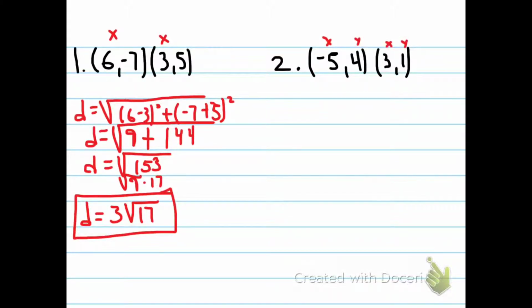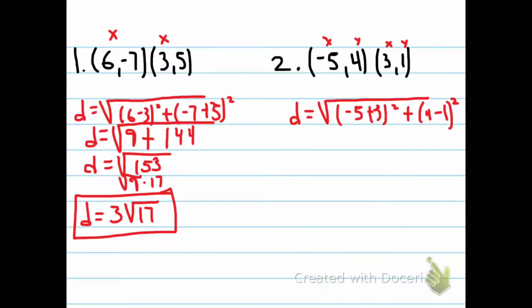So for our next problem, again we're going to plug everything in. So d equals the square root of negative 5 minus 3, then you square that, plus 4 minus 1 squared. So a negative 5 minus 3 is a negative 8.